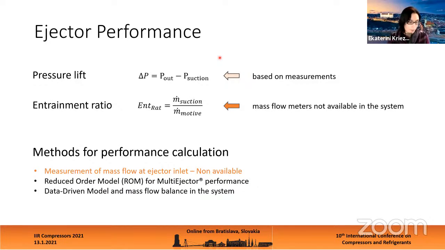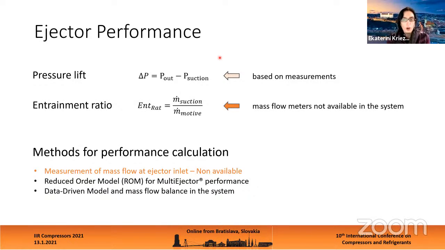This is a ratio between the mass flow of the suction nozzle of the ejector over the mass flow of the motive nozzle of the ejector. There is a challenge here to have mass flow meters in the inlets of the ejector, so we need to find a different way to calculate the performance. 2 methods are presented here.